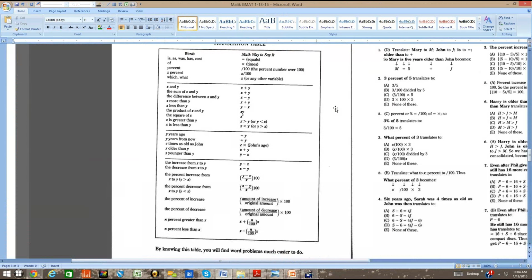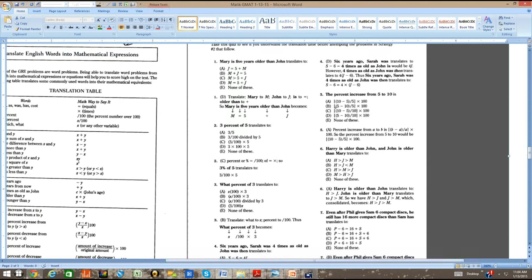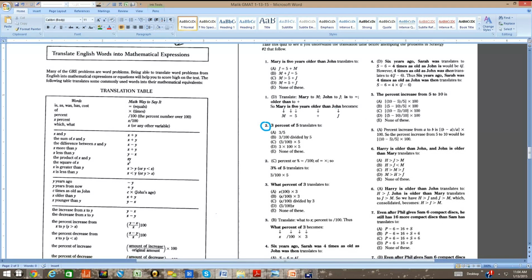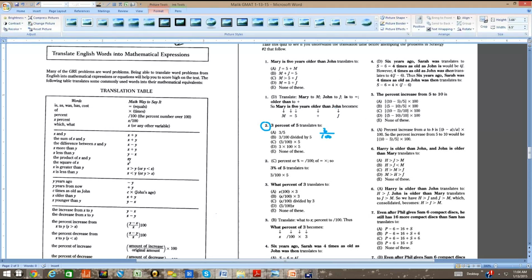Look at example 2 here on the right side. 3% of 5. Using the translation table, all you have to do is copy it like a dictionary. 3 is 3. Percent means over 100. Off is multiply. 5 is 5.